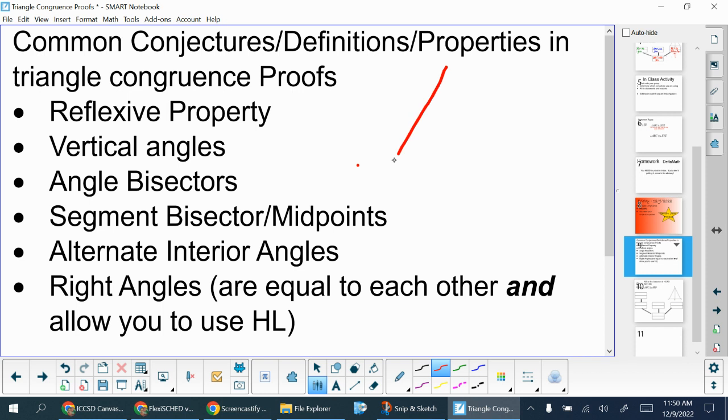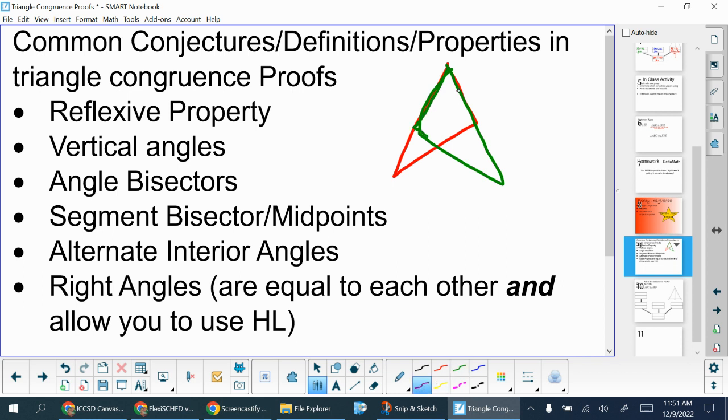Most common thing you're going to see for the reflexive property is anytime the two triangles share a common side, you get to use that as one of your side pairs that are congruent. Then, even though we've normally used it with sides, the reflexive property can also be used with angles as well. Shared angles are definitely much less common, but imagine I have two triangles that look like this.